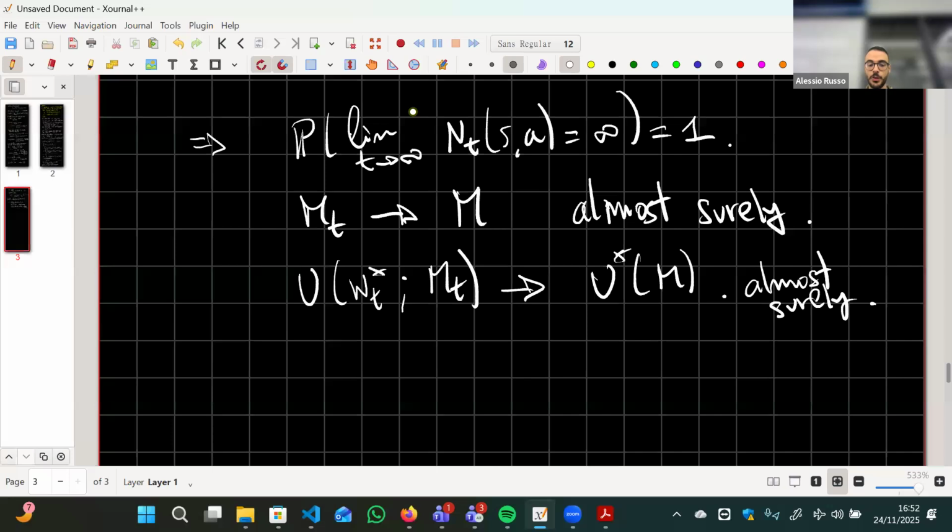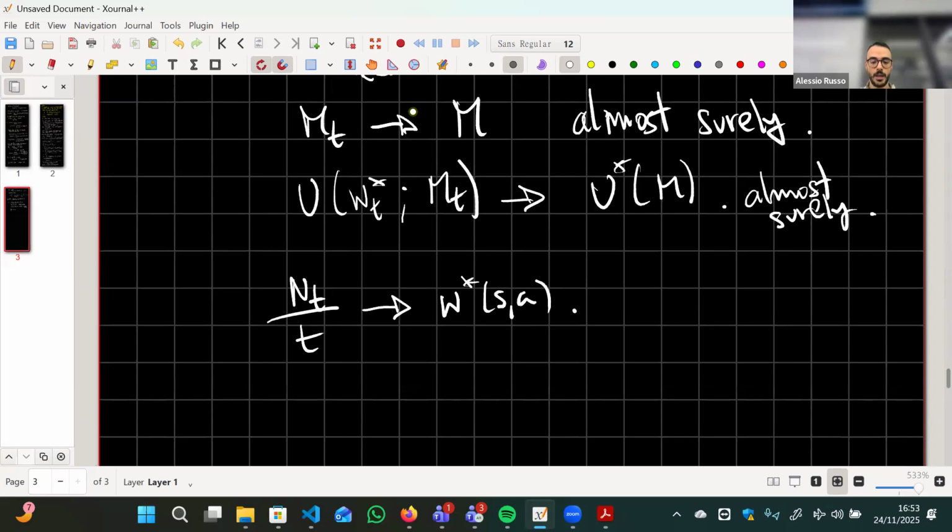There are some other issues here that we should talk about, but these are rather technical problems. So here the subtlety is that we want, in the end, to ensure that the average number of visits to any state action pair will converge to the true w star. So this is a bit tricky because this is a stationary distribution, but this quantity here is not necessarily a stationary distribution.